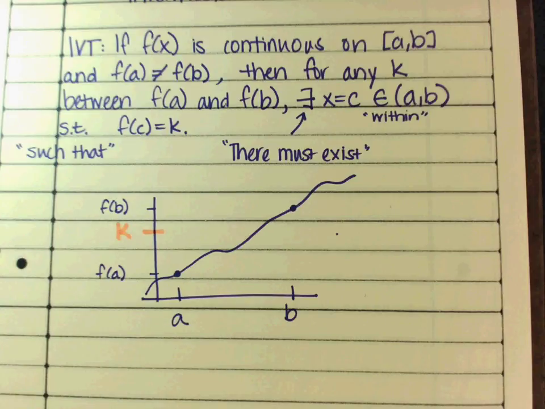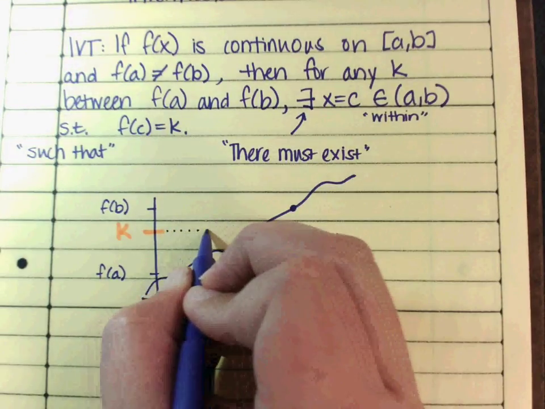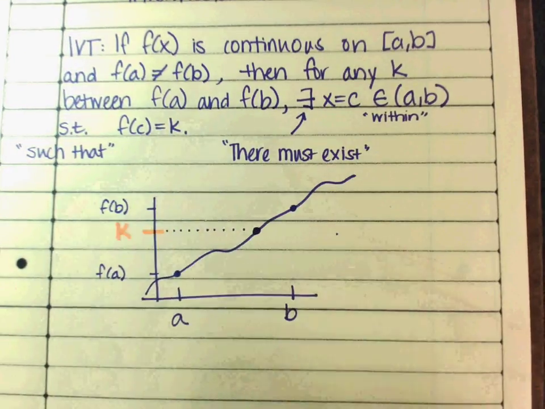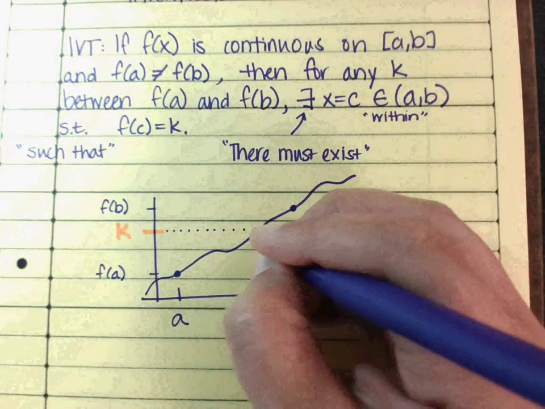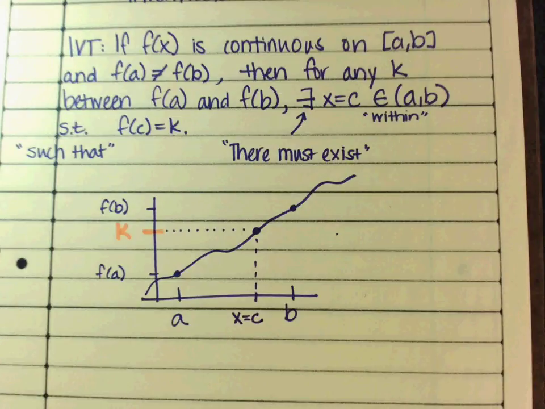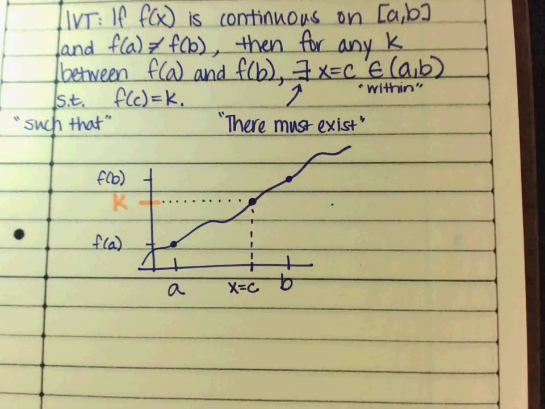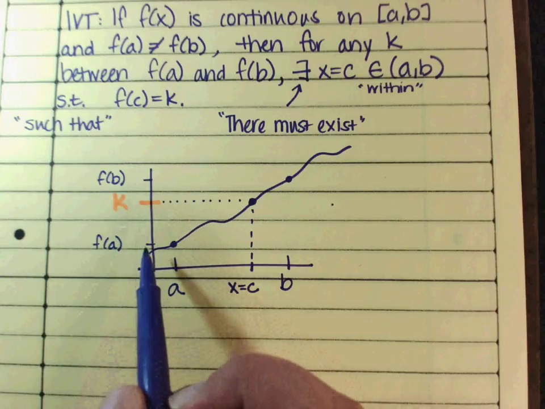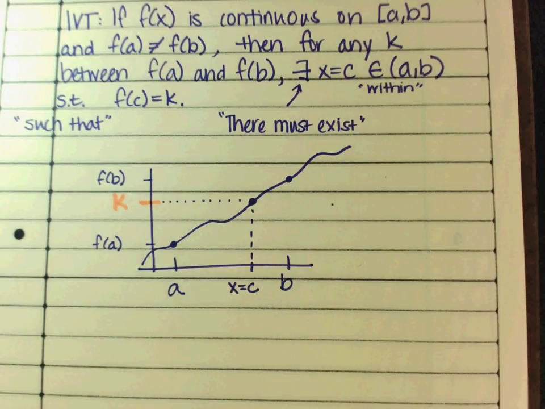So if I come over here in my graph, right here, that's my c. So what that means is that for any y value that I pick, there has to be a point on the graph with an x value that goes with that y value.